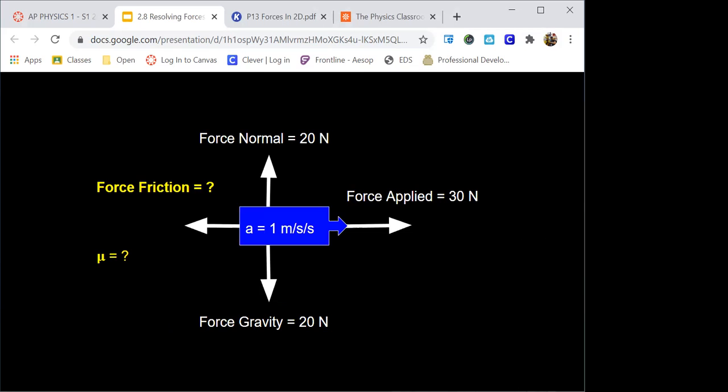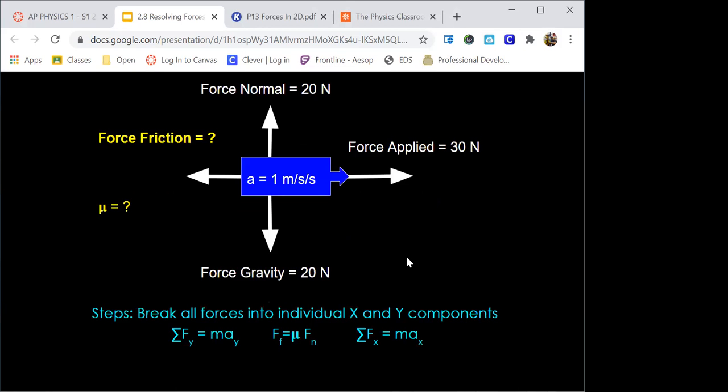Okay, so as we do things, if we can break everything down into X and Y components like we had in the example the other day, it makes things a lot easier. Okay, so we're not going to do the same example again, but we need to think back that when we did this, first we made sure to break down all forces into individual X and Y components using SOHCAHTOA.